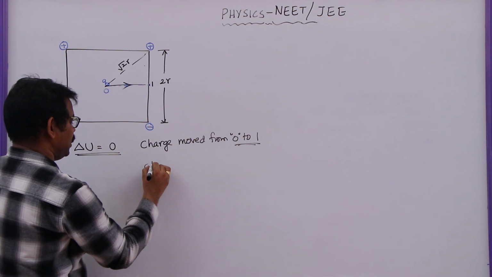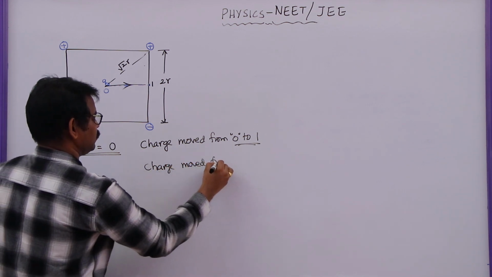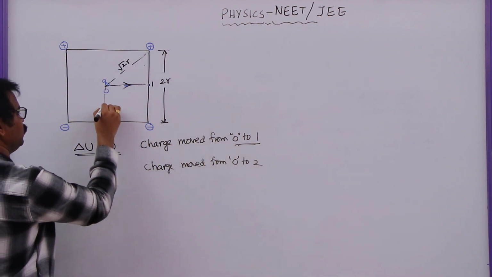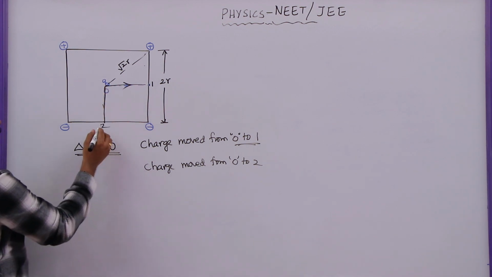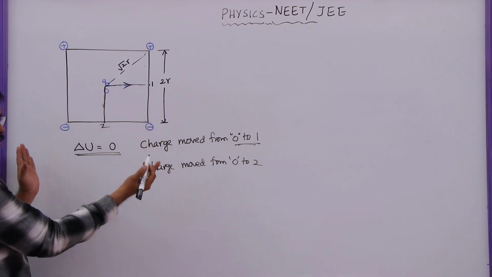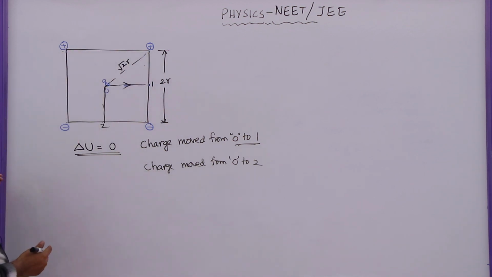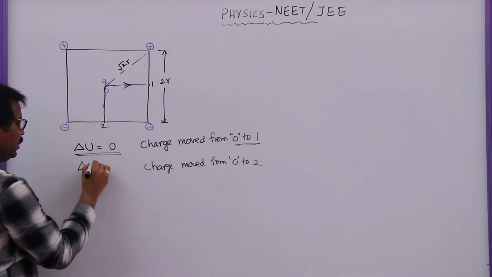Similarly, when the charge is moved from O to 2, let us say this is point 2 here, when this charge is brought here, the effect of negative charges dominates the effect of positive charges. That means the net potential energy change is negative.